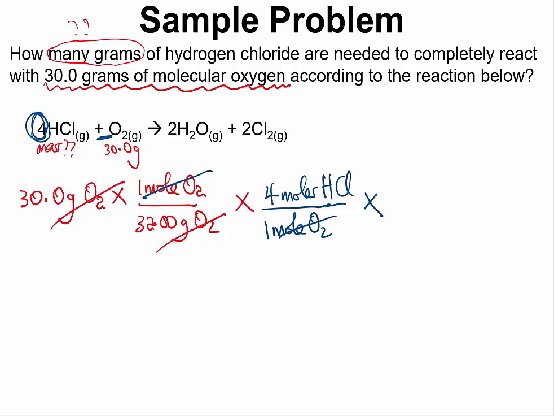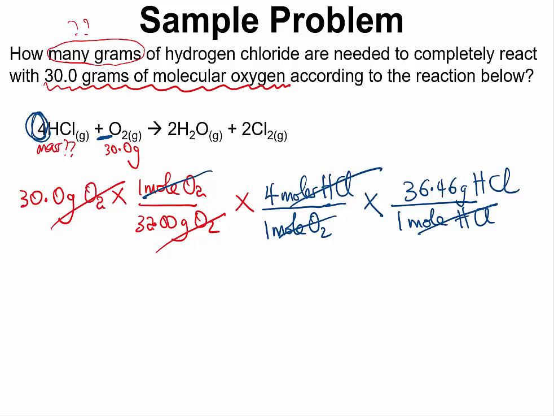And then we can change the moles of HCl back to the mass of HCl. The relationship, if you check your periodic table, is that 1 mole of HCl will normally give us 36.46 grams of HCl.